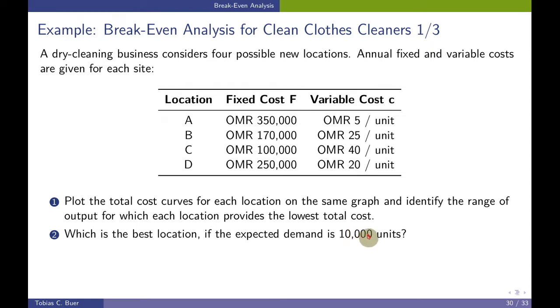Of course, if we think the 10,000 units are very reliable, we could just calculate the total cost for each location at 10,000 units and make our decision based on this total cost value. However, it does not give us much more insight. It only gives us the best location with the lowest cost, and we have no idea what might happen if this forecast is not exact and we only sell 8,000 or maybe more, like 12,000 units.